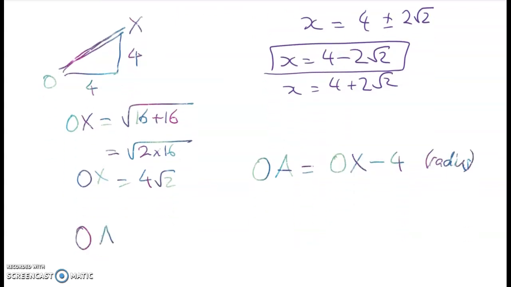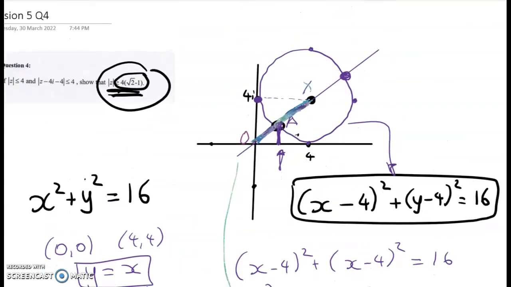So length OA is equal to 4 root 2 minus 4, which is equal to 4 into root 2 minus 1. And if you go all the way back to the start of the question, that's what we had to show here. So we had to show that the minimum distance to be in that locus, which has gone now.